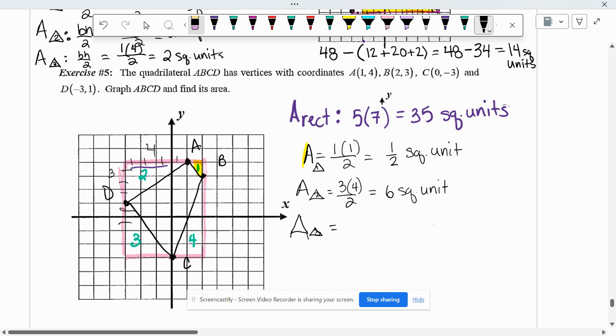So let's see, 1, 2, 3, 4. 1, 2, 3. 4 times 3 divided by 2 is also 6 square units. And triangle 4 has a base of 2 and a height of 6. 2 times 6 divided by 2 is 6.